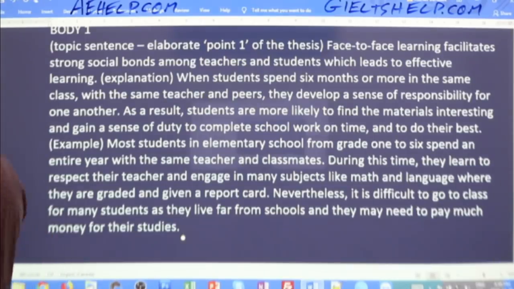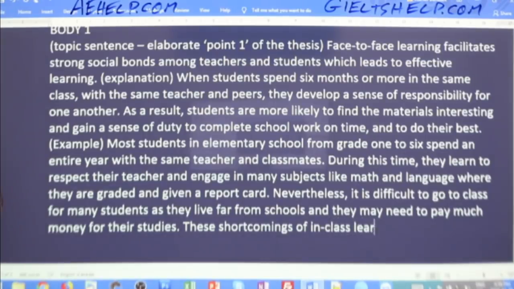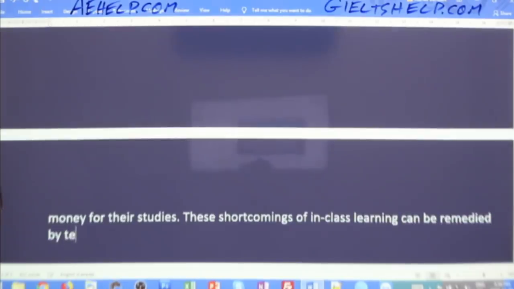These shortcomings of in-class learning can be remedied by technology. That is my connecting sentence. Okay?